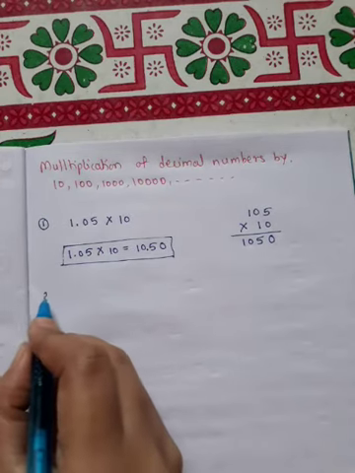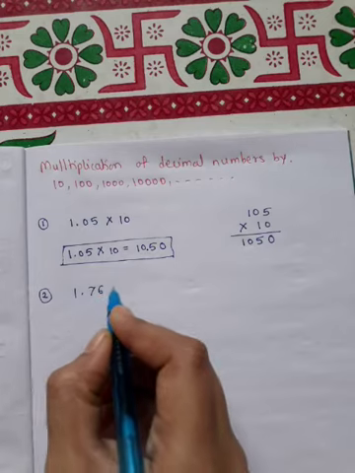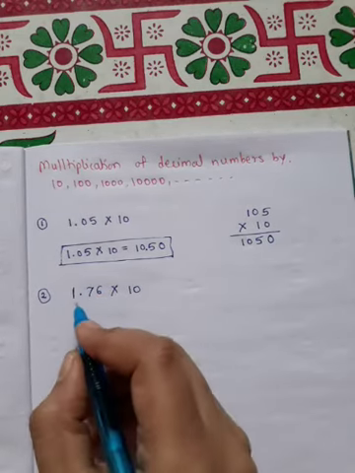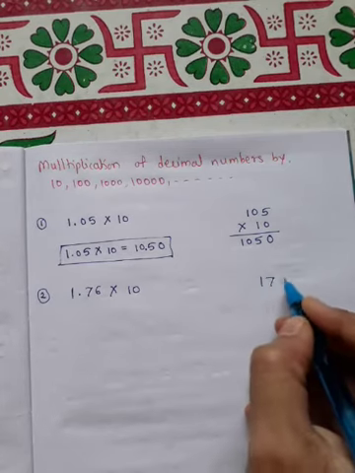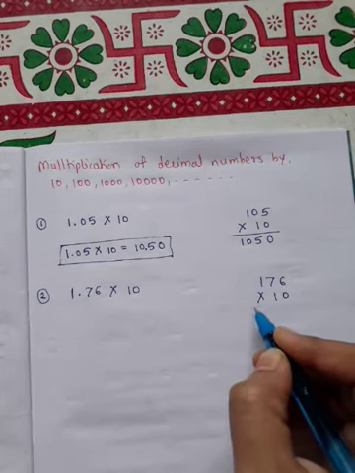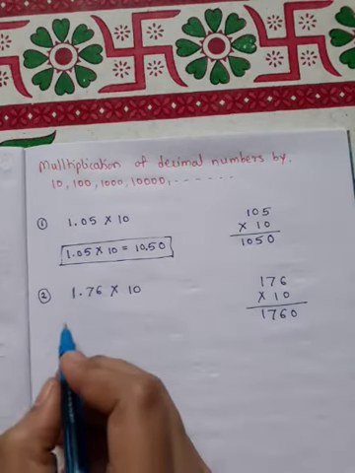Okay, now take a second example, 1.76 into 10. So 1.76 into 10, ignore the point and multiply. So 176 into 10 is 1760.